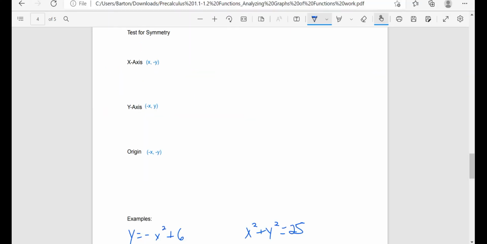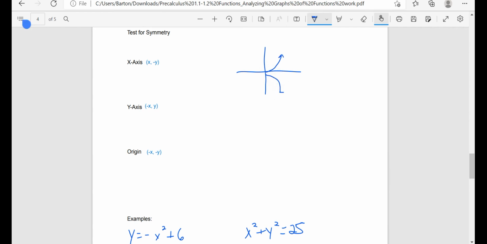All right, now we're going to test for symmetry, okay? There are 3 different types of symmetry we look for. Symmetric over the x-axis, y-axis, and origin. Over the x-axis would look maybe something like this.